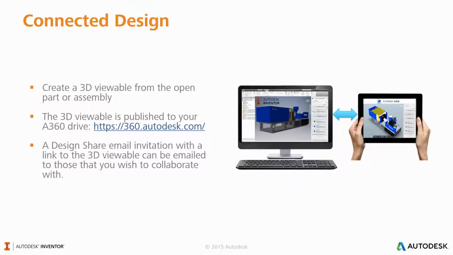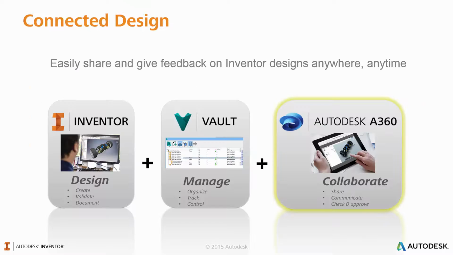It's leveraging the A360 platform, and hopefully everyone here knows of A360. A360 provides you the means to collaborate with colleagues that are maybe working in different locations, or maybe your suppliers or customers. So you can share your data in a manageable way with a very easy process to follow.